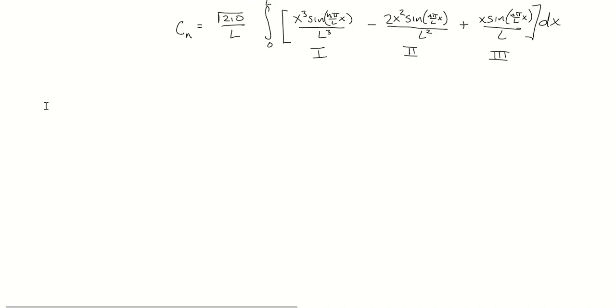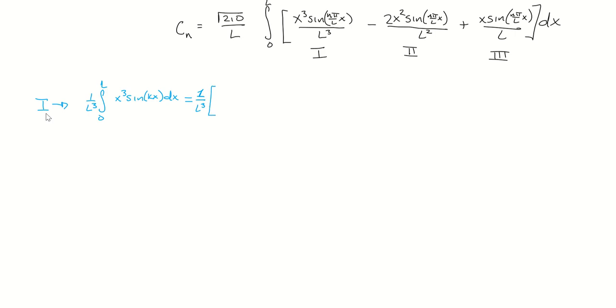All right. So the first integral we have here, integral 1, is going to be the integral from 0 to L of x cubed sine kx dx. I'm going to just write this as kx because I don't want to write all those constants, and I'm going to bring that 1 over L cubed out front. So how do we do that integral? Well, easiest way is just look up x cubed sine kx from an integral table. I'm not going to go through how to solve that from scratch, but we end up with 1 over L cubed times that integral.